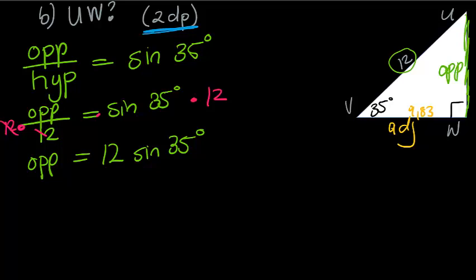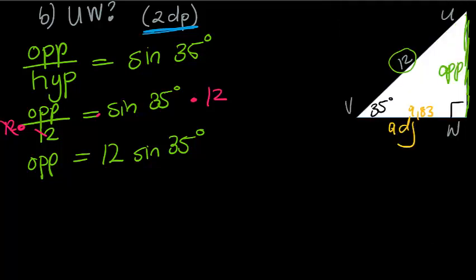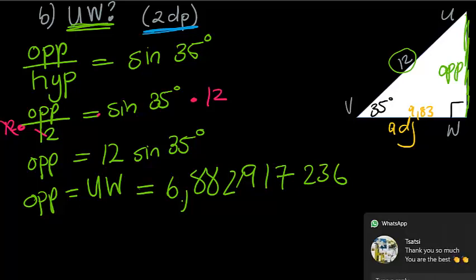Let's bring out our calculator. 12 sine 35 gives me a total of 6,8829172336. So my answer is going to say opposite, which is actually named UW, which is what the question is asking me, is equal to 6,8829172336.